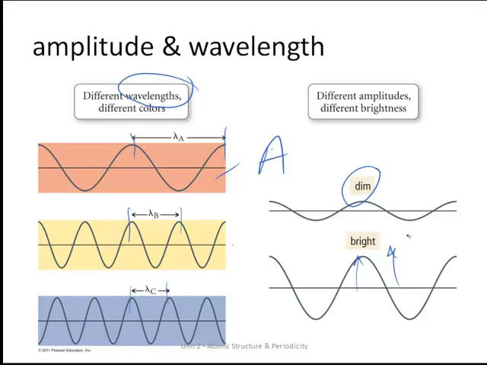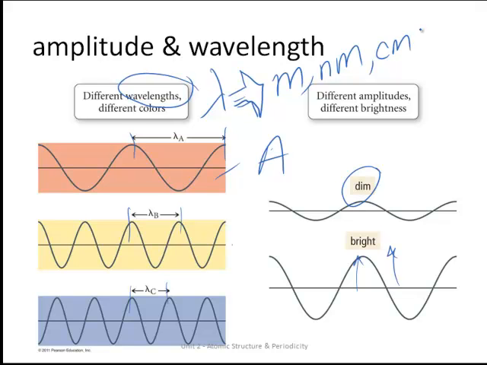Okay, so one of the things we're going to want to discuss, of course, if we measure these values, is what types of units we will have. Well, it turns out that wavelength, because we're measuring distance, is going to have units of distance, perhaps meters or nanometers, centimeters.